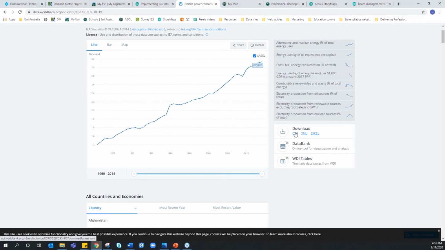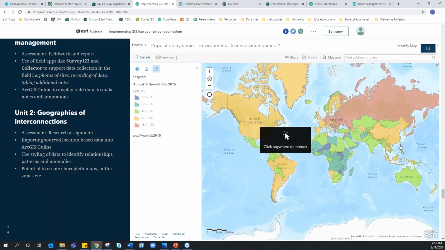It's like an Excel spreadsheet, but it's a CSV spreadsheet, and that's the format I want to download it in. Once I've cleaned that data up in that spreadsheet, I can bring it into a map and create a choropleth or something similar to this as well. And that's, I guess, the styling of data to identify relationships.